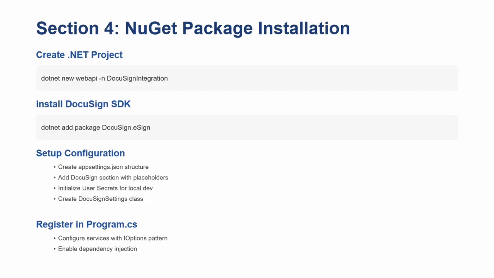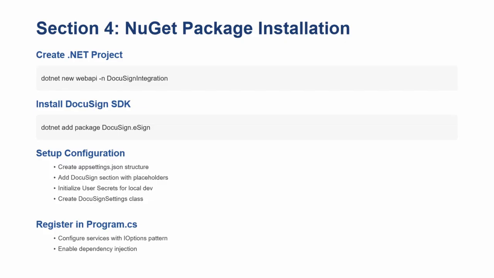In the .NET application you will need to create a new .NET project, and if you already have an existing .NET project, you will need to install the .NET DocuSign SDK in your project. You can add it with dotnet add package DocuSign.eSign, or from the NuGet package manager you can also install the package.